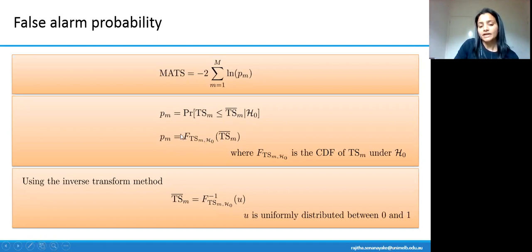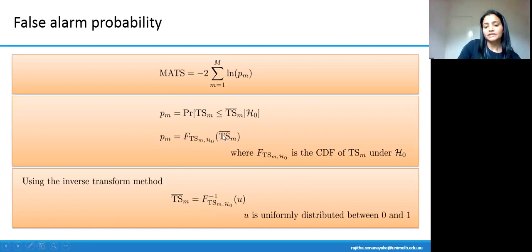I can write that as the CDF of this test statistic evaluated at this value. Since this TSM bar is a continuous random variable, I can write that as the inverse CDF of this random variable u, where u is a uniformly distributed random variable between 0 and 1.